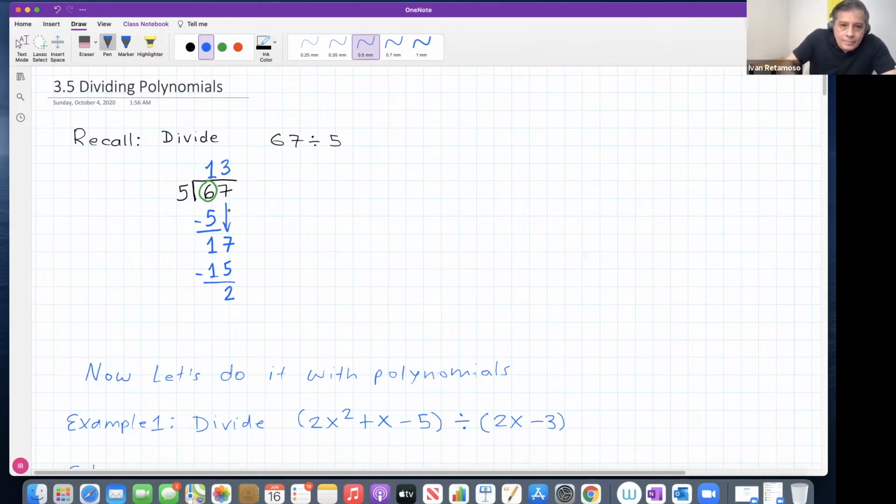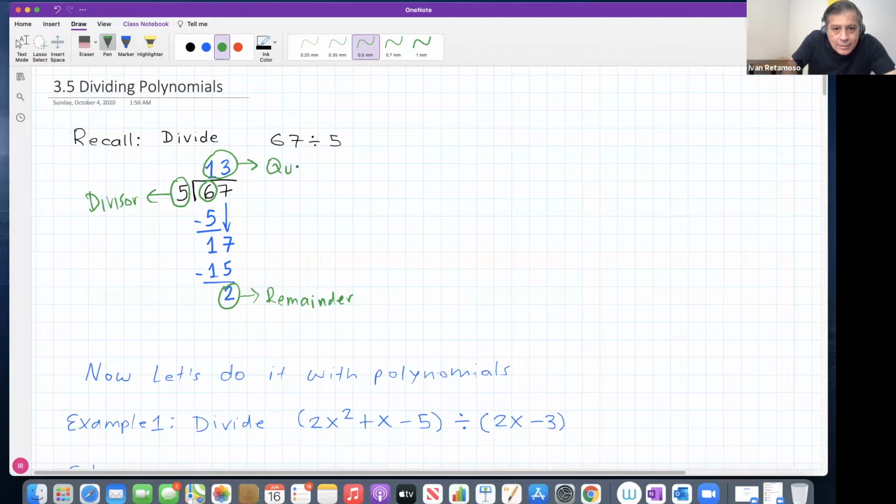Now, once you are done, this guy is called the remainder. This guy is called the divisor. This guy that you get out of this algorithm is called the quotient, and it's considered to be the answer, the quotient together with the remainder, if there's a remainder.